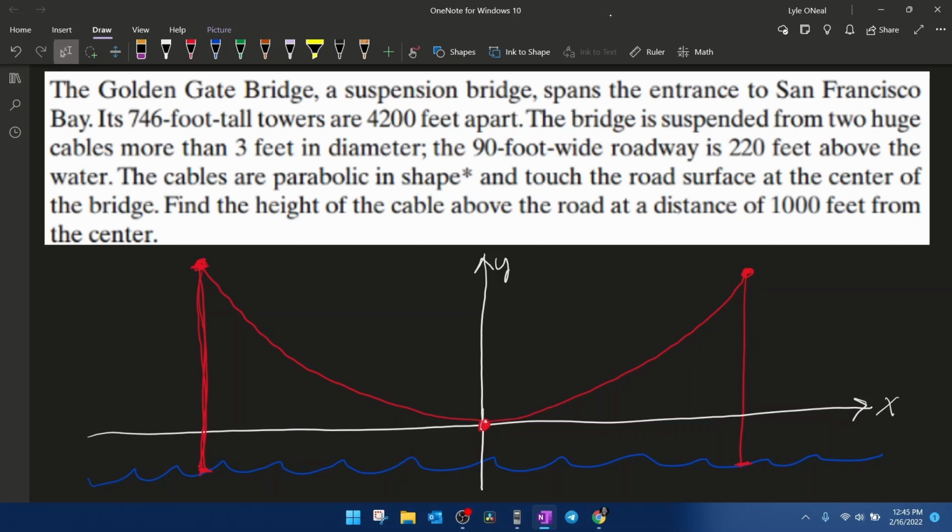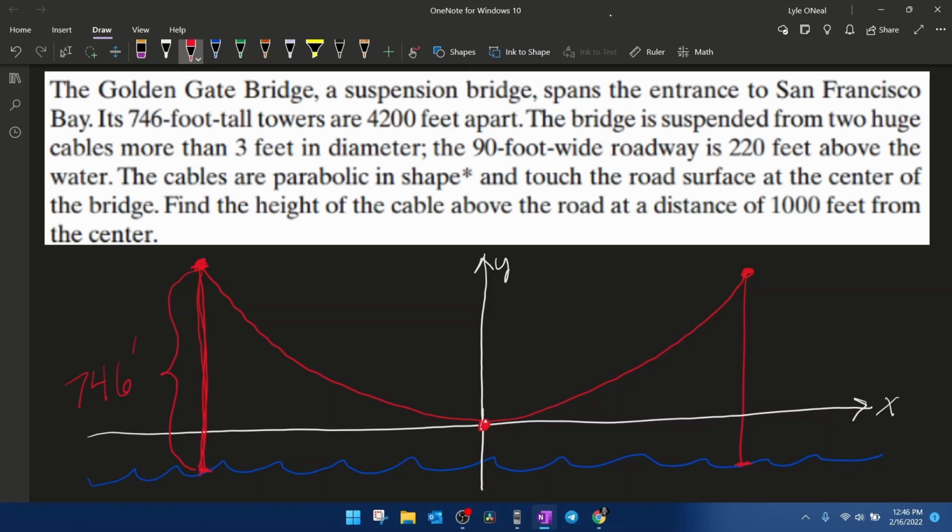So here I've constructed a picture that represents the Golden Gate Bridge. Notice that I placed my coordinate system in such a way that the vertex is located at the origin. If you do that, that will make finding your quadratic function super easy. So filling in the information we're given on the picture, we know that the towers are 746 feet tall, so we're going to label a tower here 746 feet.